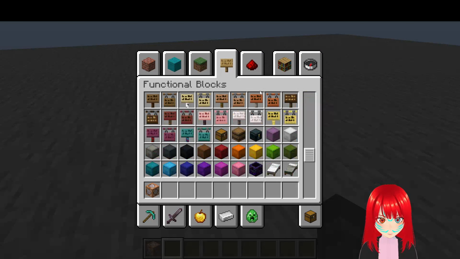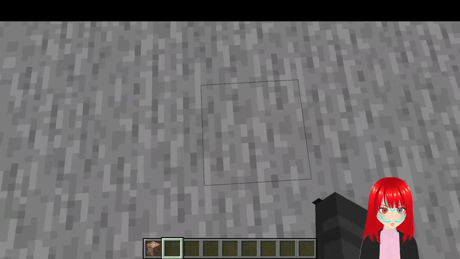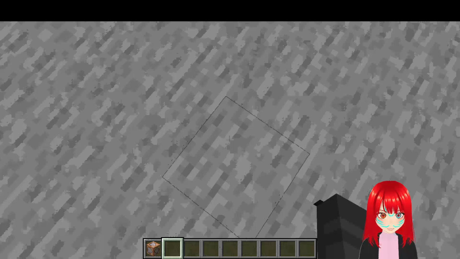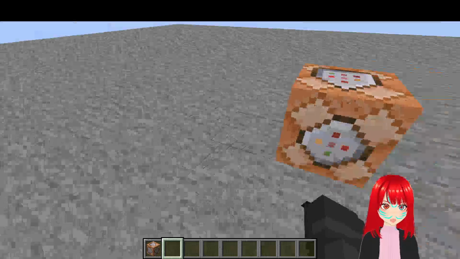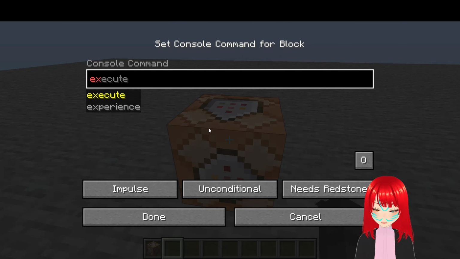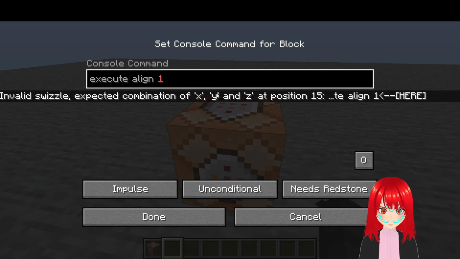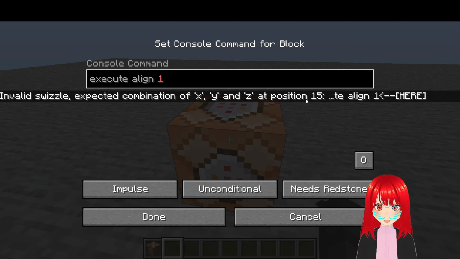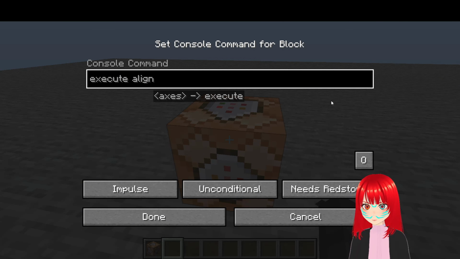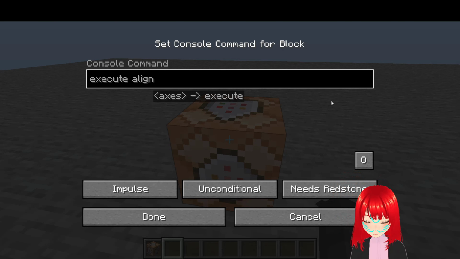Armor stands, or whatever, really. They're not always in the exact position you want them. So you execute align, whatever, and you get: invalid special expected combination of X, Y, and Z at position 15. What does that mean? Well, I'll get into that.